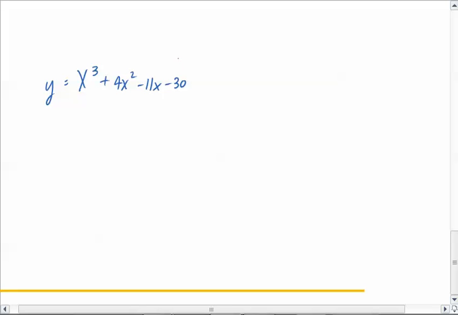I'm going to take this constant and call it P, and this right here, the leading coefficient, the first term's coefficient, is going to be called Q. Alright, what I'm going to do is list the factors of 30, the P, and I'm going to do them this way so that I don't miss any. I just start closing in on the center. So I have my 1 and 30, my 2 and 15, my 3 and 5.